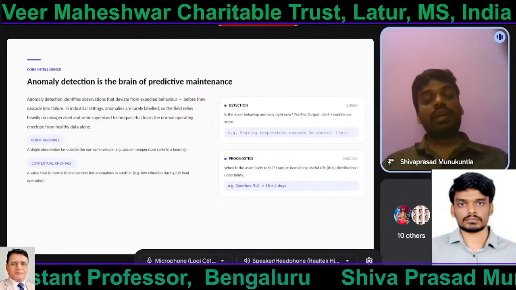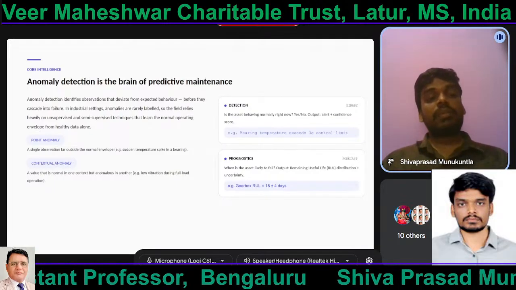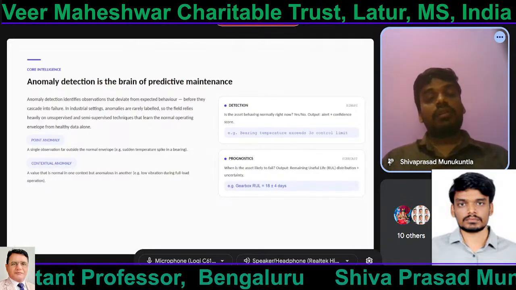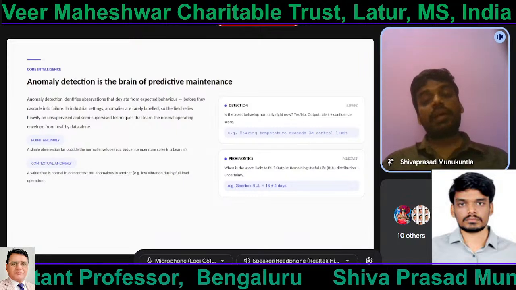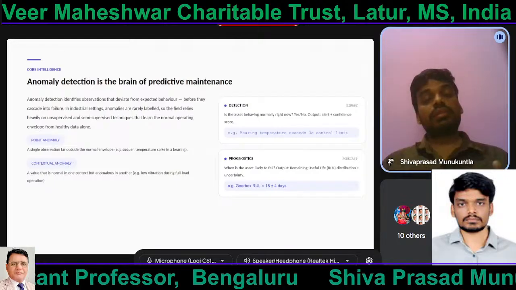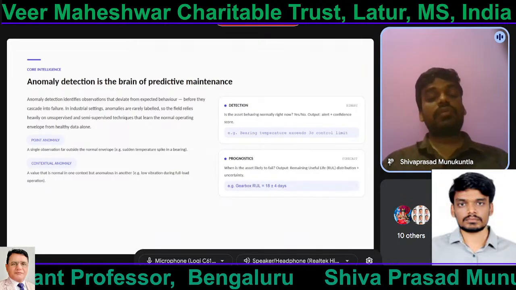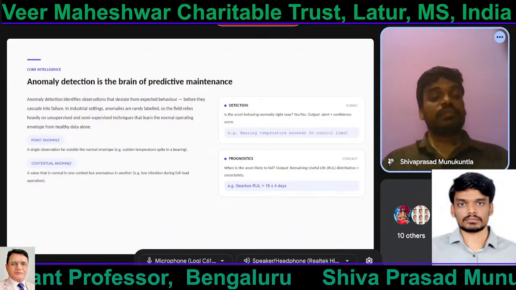We will try to identify those patterns using machine learning models. Whichever falls under the normal pattern, we will identify, or whichever is tending towards an abnormal pattern over time. So we will find out those patterns using machine learning models.